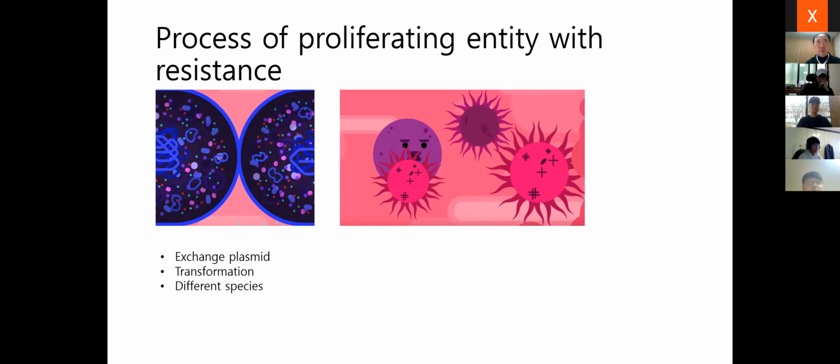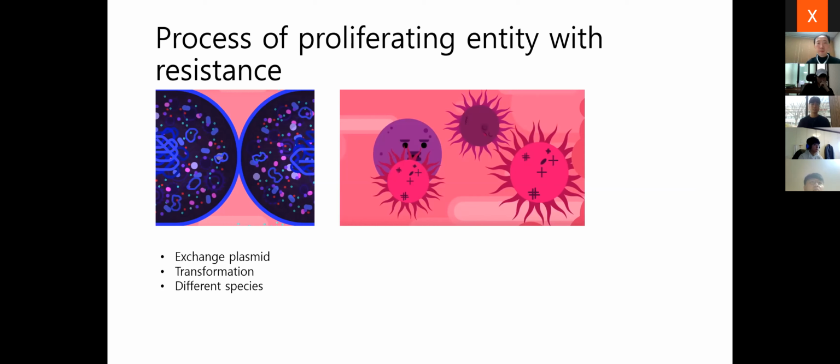So the entity with natural resistance and the entity not naturally resistant to antibiotics can exchange their plasmids, and the entity that is not naturally resistant to antibiotics can gain the ability to be resistant to antibiotics.